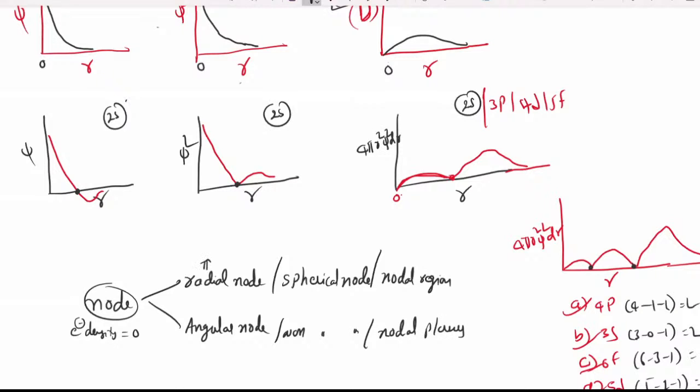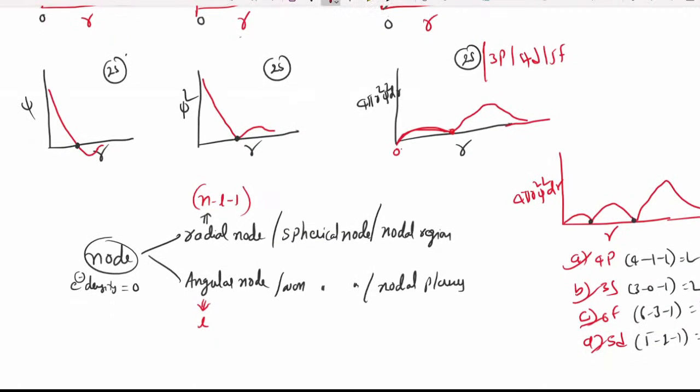Radial nodes are calculated by the formula n minus l minus 1. Angular nodes are calculated by l. So n minus l minus 1 indicates nodal regions or spherical nodes, and nodal planes are equal to angular nodes.